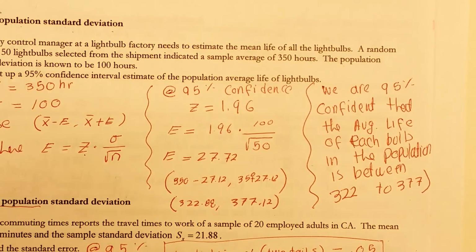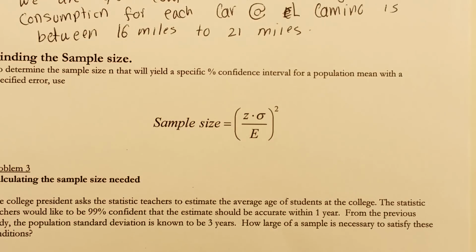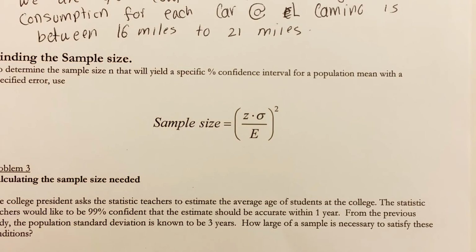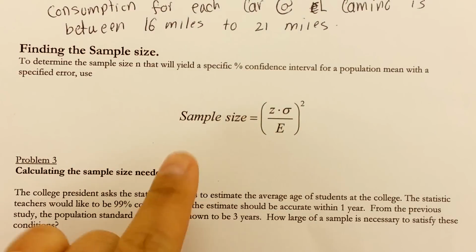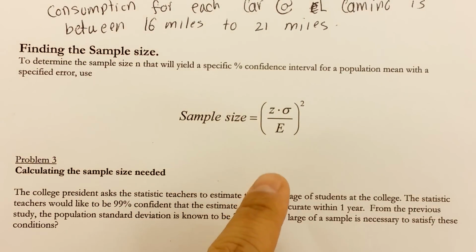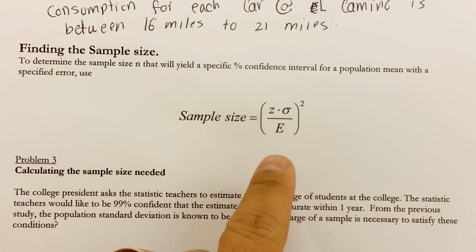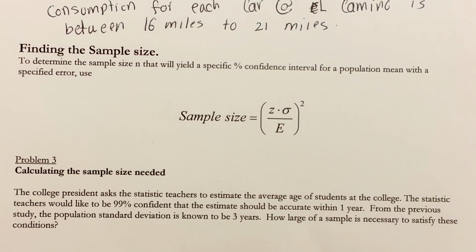Okay, good. Alright, the last thing we do is how to find the sample size to achieve a specific accuracy. Remember that the higher the sample size, the more accurate your estimate is to the true value of the population. The sample size is found by taking the Z times sigma over E and then squaring it.